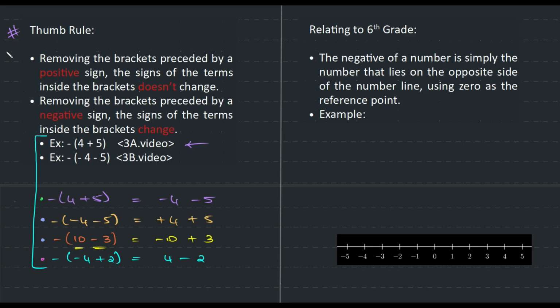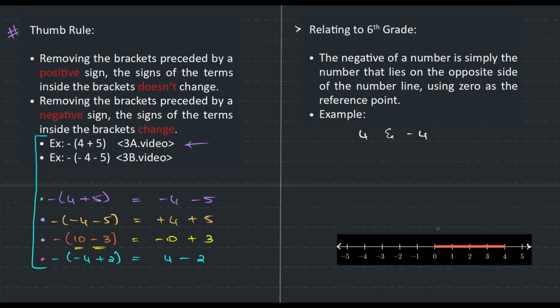Now, because I kept talking about 6th grade, let's recap that. Hopefully it will jog your memory and all of this will be a lot easier to understand. The negative of a number is simply the number that lies on the opposite side of the number line, using 0 as the reference point. For example, 4 and -4 are opposite of each other.